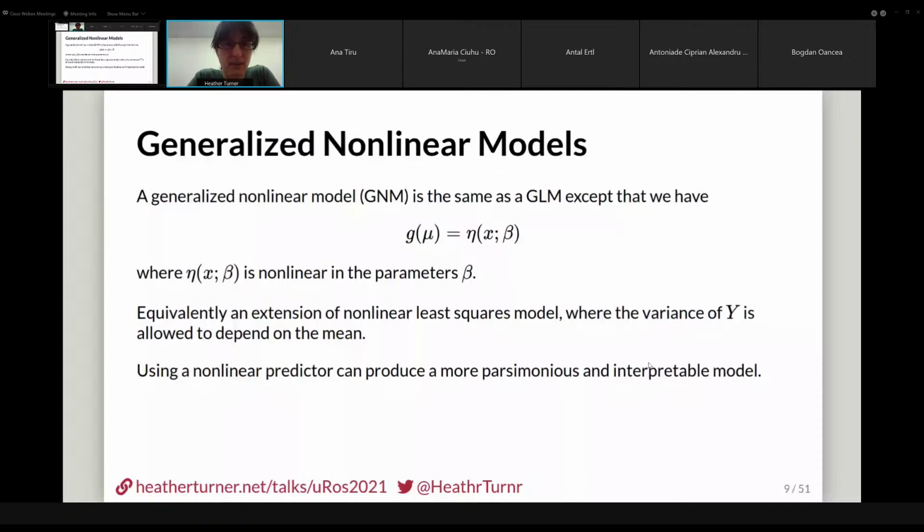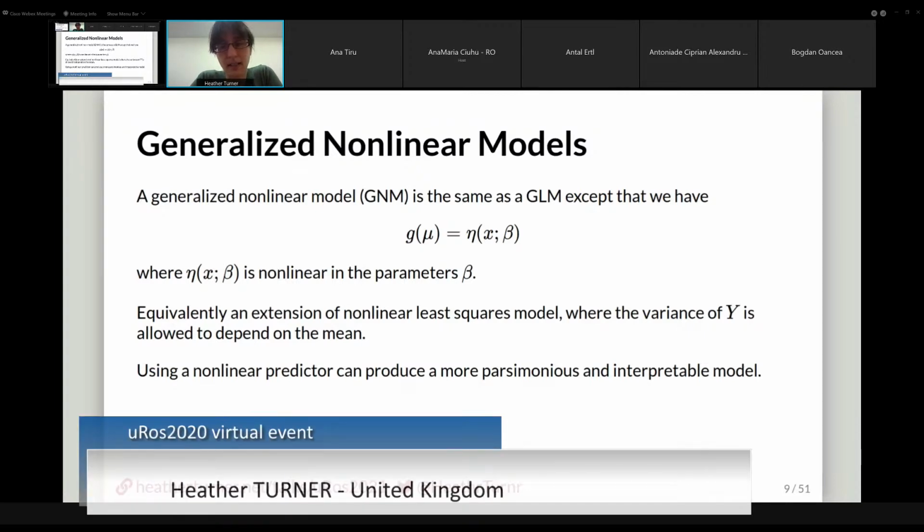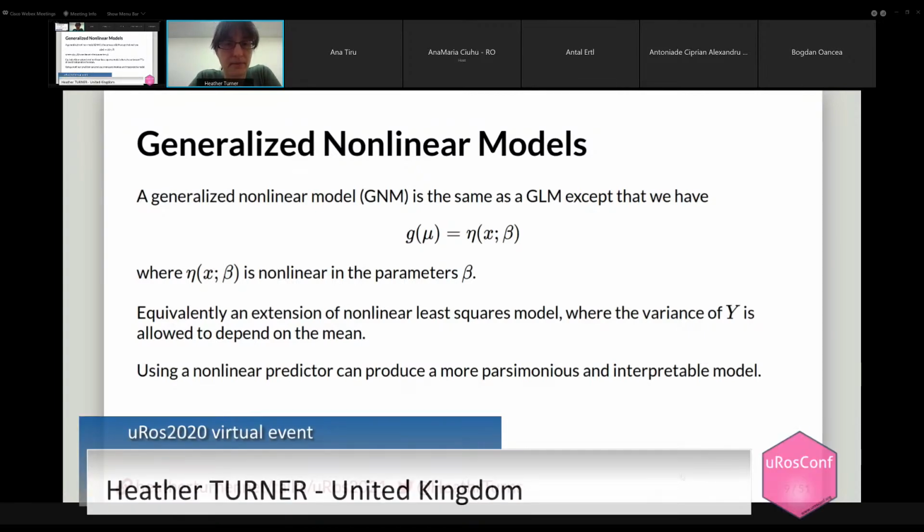So I've introduced it in terms of an extension of GLMs, but we can also think of it as an extension of nonlinear least squares models, where we have a nonlinear predictor, but instead of assuming a constant variance, where the error is normally distributed, we again allow the variance to potentially depend on the mean, giving a more general class of models.